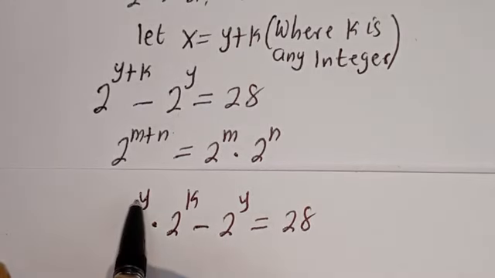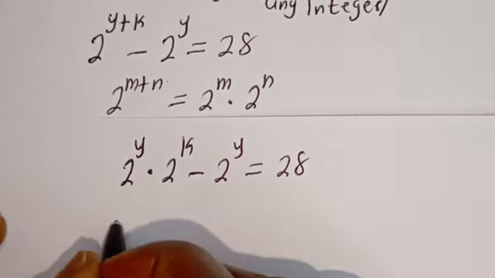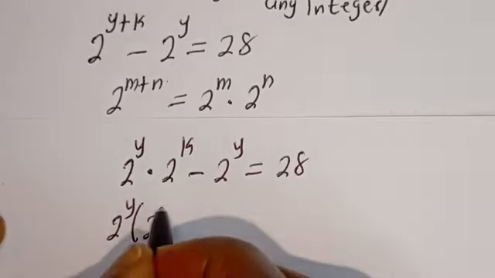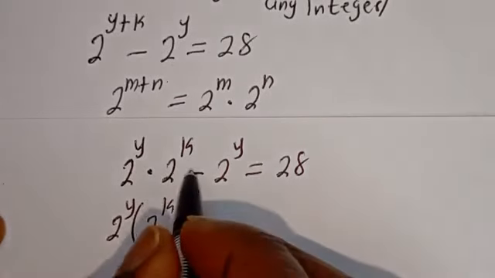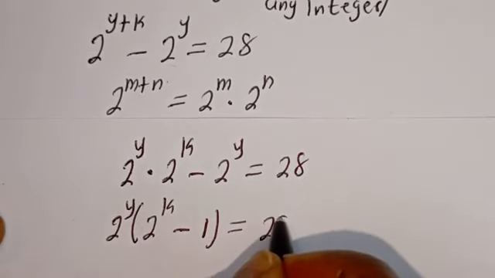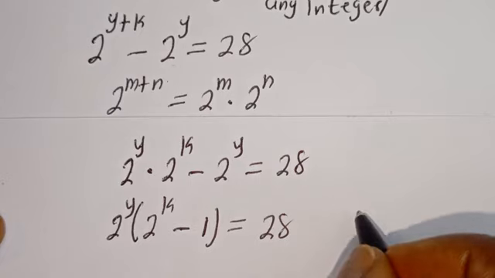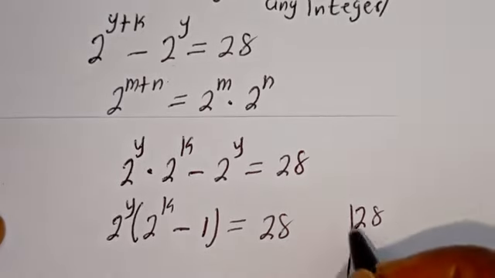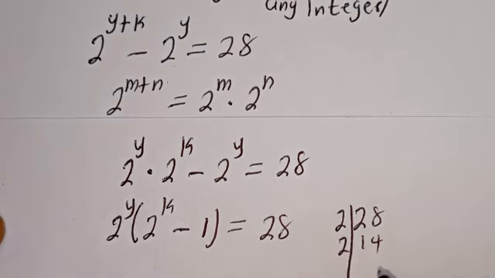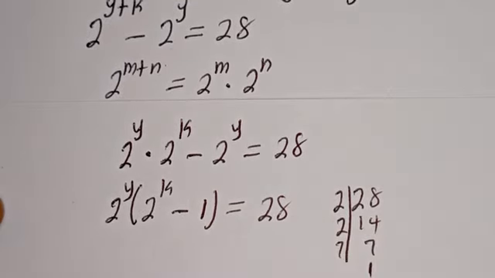Then here, 2 to the power of y is common. Let's bring it out. We have 2 to the power of y bracket. If you divide this by this, we have 2 to the power of k minus, if you divide this by this, we have 1 is equal to 28. Then 28, let's divide by 2, is 14. 2 in 14, 7, 7, 1.